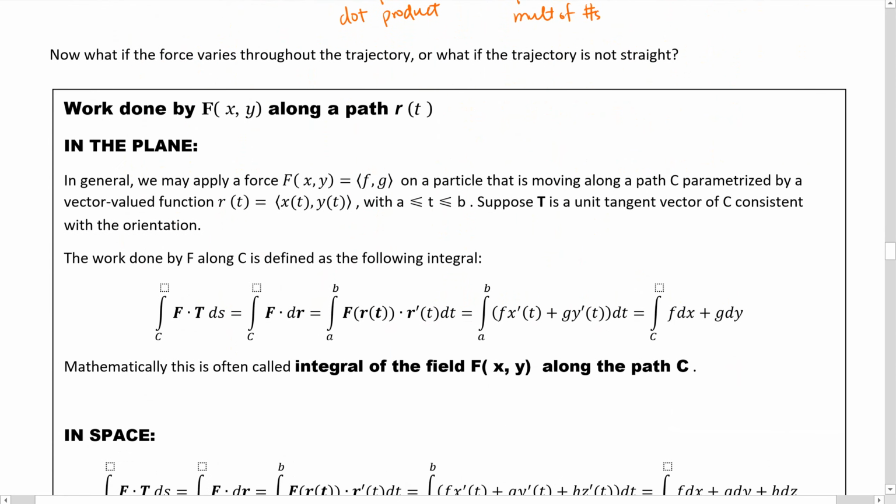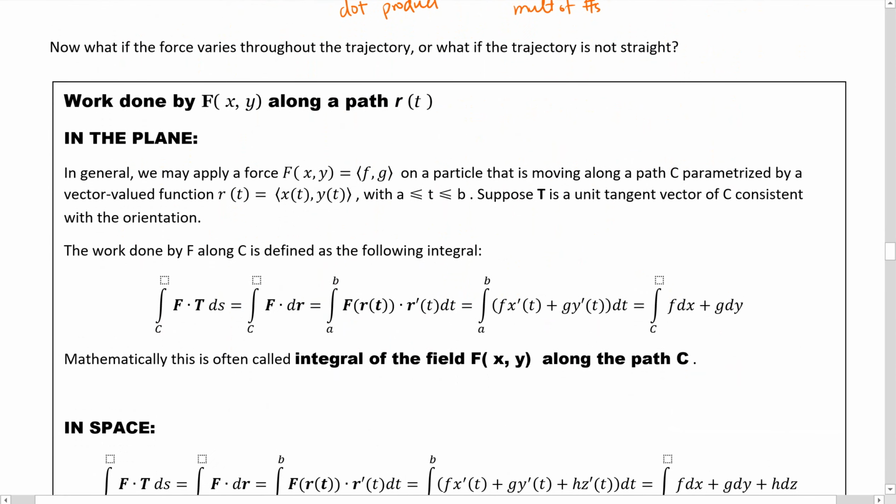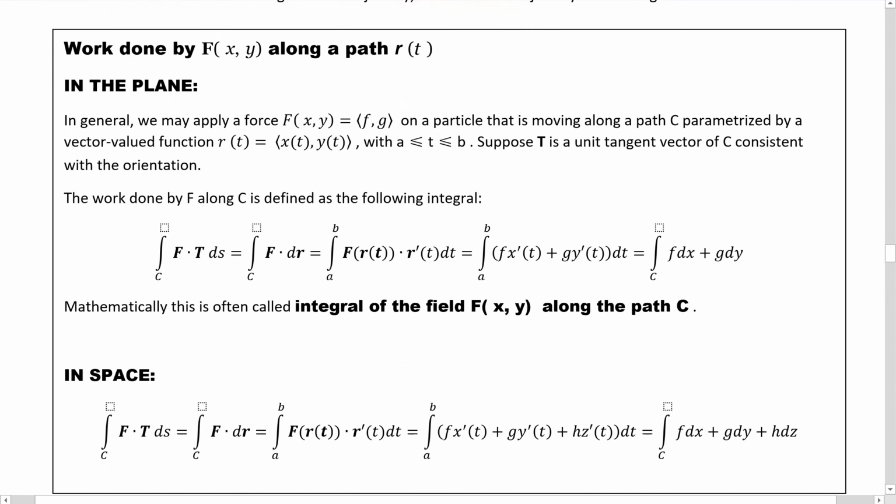Now what if the force varies throughout the trajectory, or what if the trajectory is not straight? The work done by a vector field F(x,y) along a path gamma(t). Here we have two formulas, one in the xy plane, the other in space.